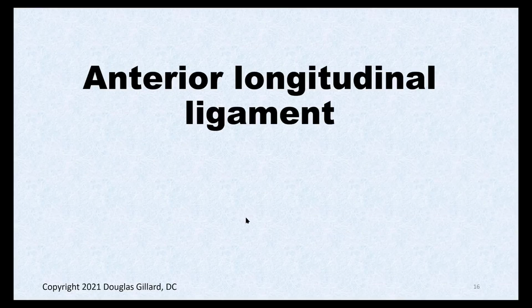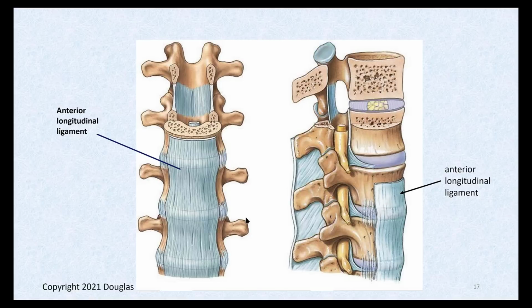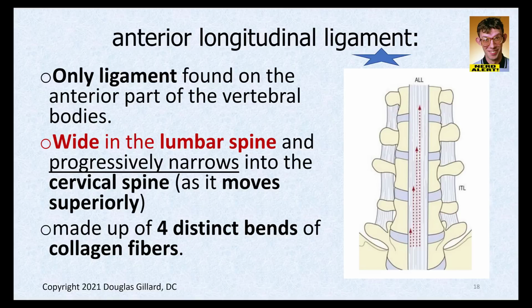All right, let's go to the anterior longitudinal ligament. In the lumbar spine, you can see it's much broader here than the PLL was. This is the only ligament that's found in the anterior part of the vertebral bodies. This one is just the opposite of the posterior longitudinal ligament. It's wide in the lumbar spine, and then it gets more narrow as you go up.